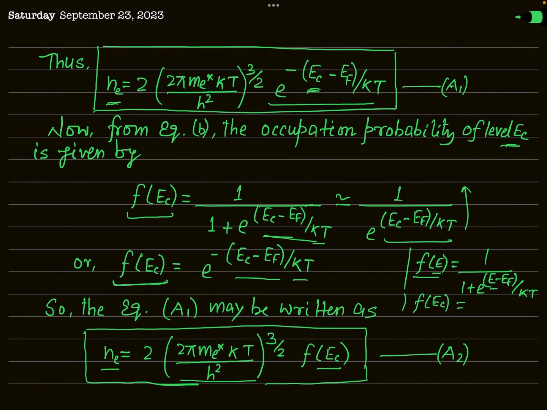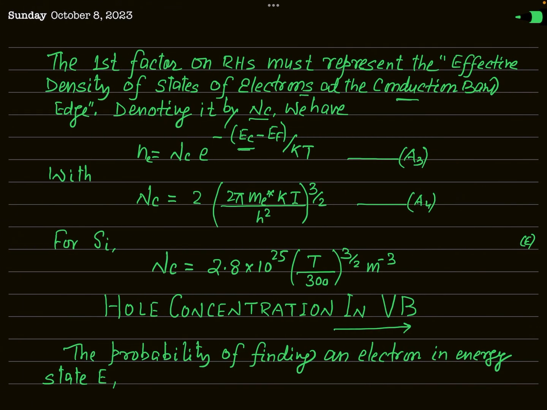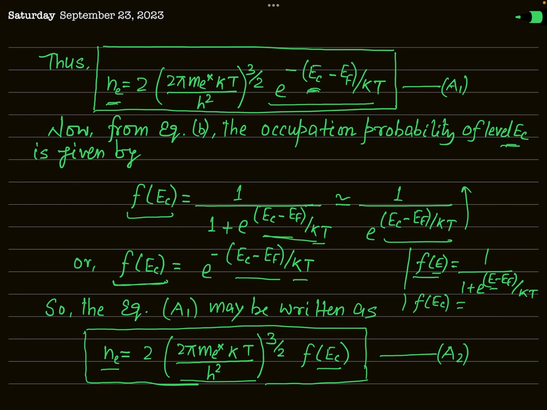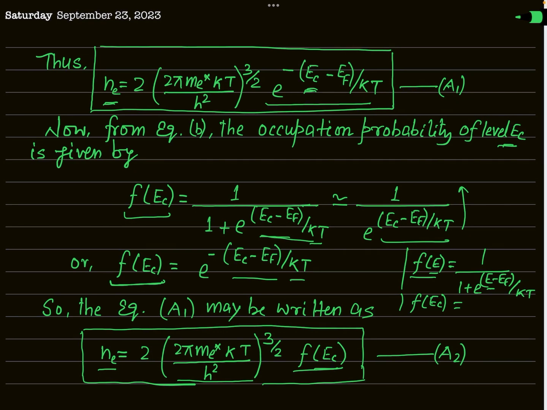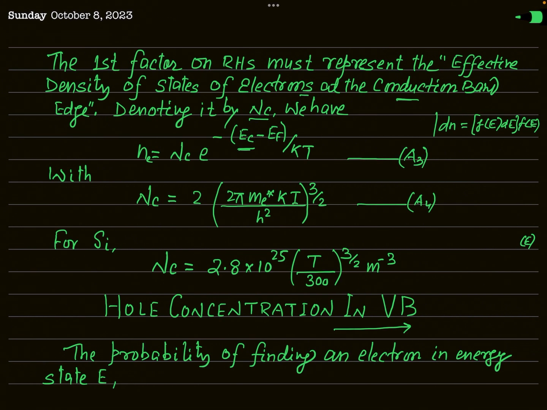But you have seen earlier that whenever we find the number of electrons in a particular energy range, it is given by G of E dE times F of E. Here, in place of F of E, there is F of EC. So this factor, 2 times (2 pi me star kT divided by h square) whole to the power 3 by 2, is in place of the density of states.